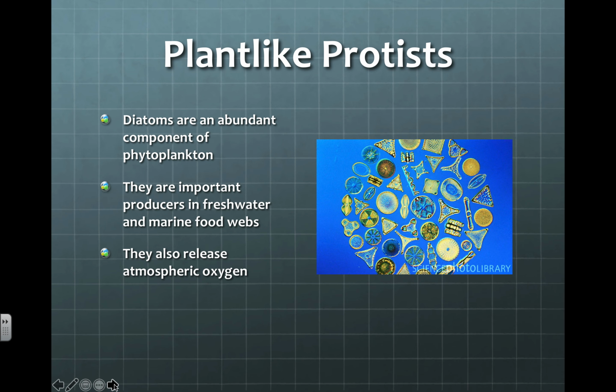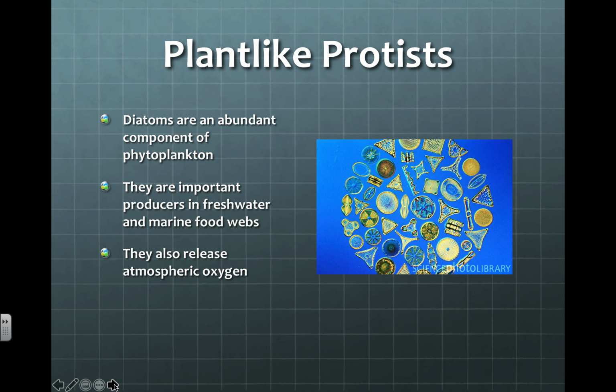Okay, they are the most abundant component of phytoplankton. We've talked about plankton as being a generalized term for a lot of different organisms, and phyto means plant. So phytoplankton is the base of the aquatic food chain. These are carrying out photosynthesis in marine and in freshwater.